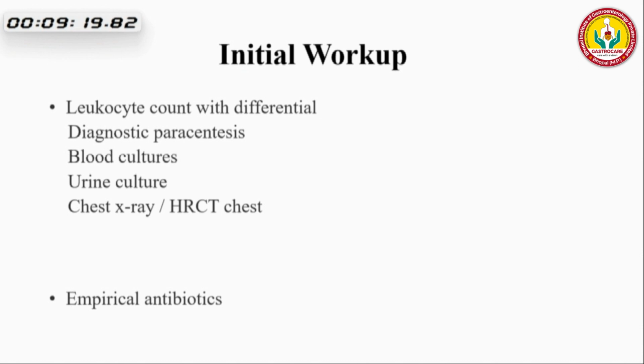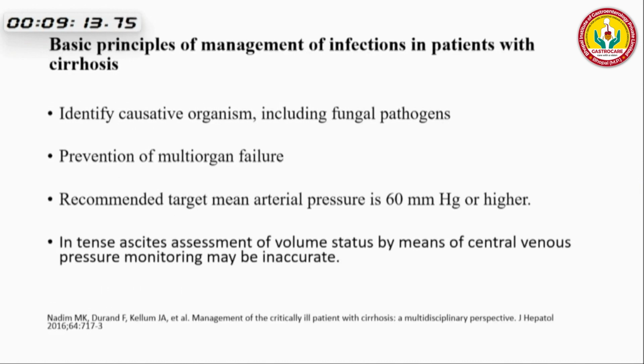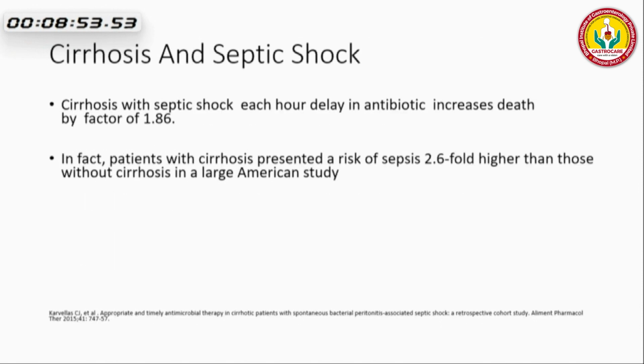In all these patients where you suspect infection, according to the hospital infection control policy, you should start empirical antibiotics. Identify the causative organism, including the fungal pathogen. Every step should be made to prevent multi-organ failure. The targeted blood pressure in all these patients should be a mean arterial pressure of 60 or more. If the patient has tense ascites, don't rely on CVP.